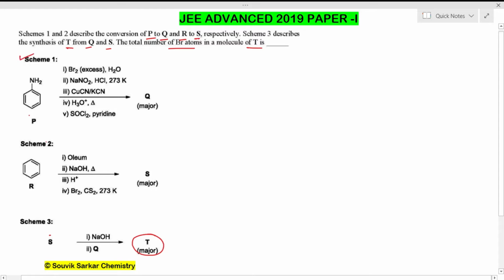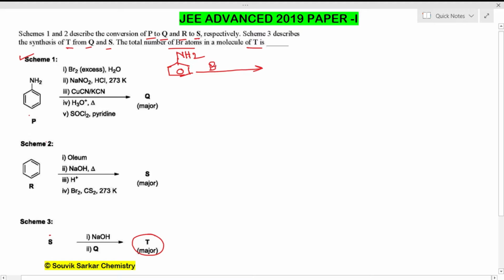So here the first scheme. In the first scheme P is aniline. So this is our aniline. In the first reaction, it is reacting with bromine in excess amount and water.